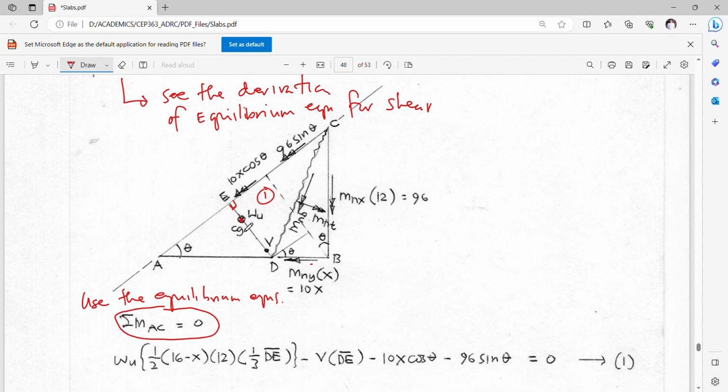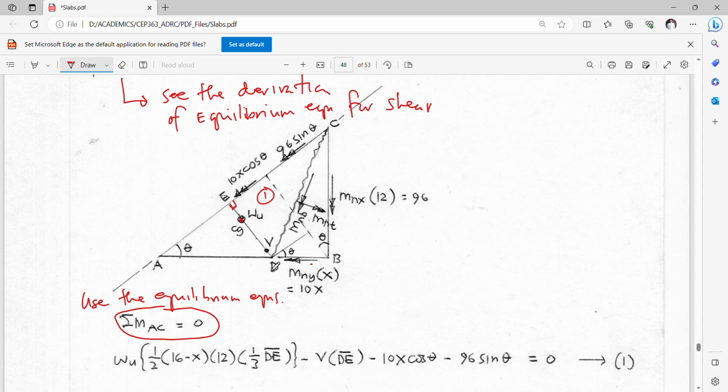So W acts at 1/3 of this distance, and I just get 1/3 of this to have the moment arm.